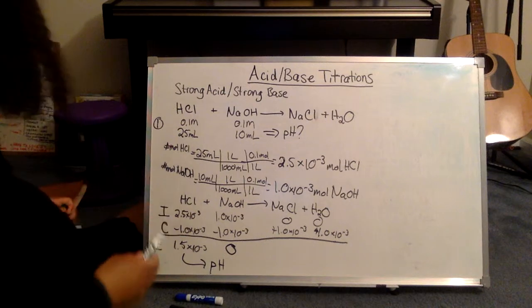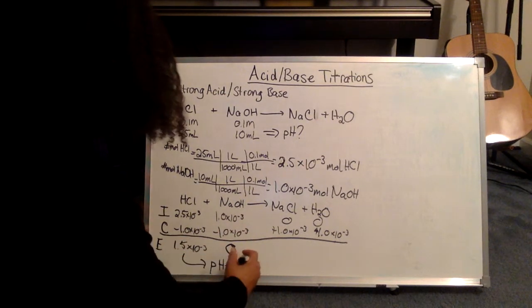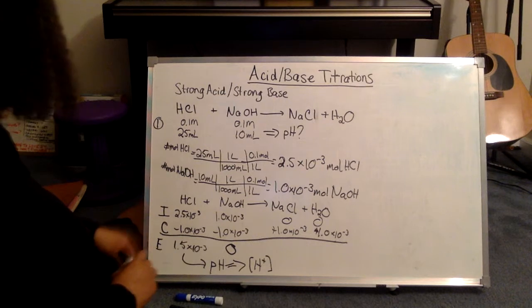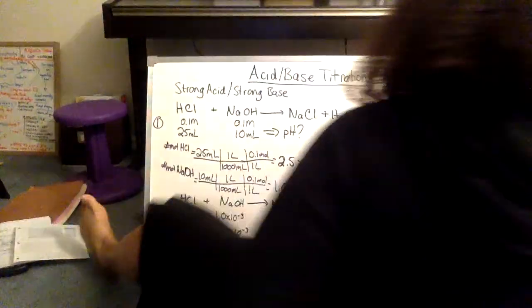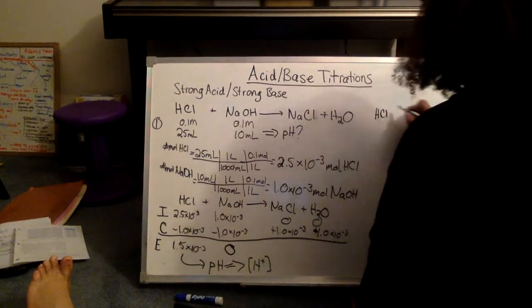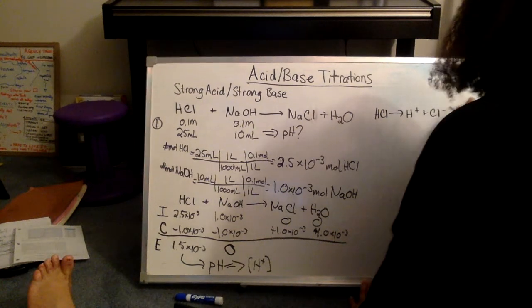In order to figure out the pH of our system, we need the concentration of H+. If we were to write a dissociation reaction for HCl, it would be H plus and Cl minus.